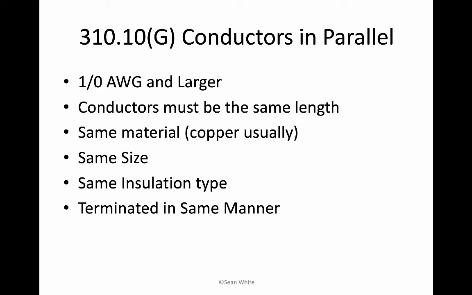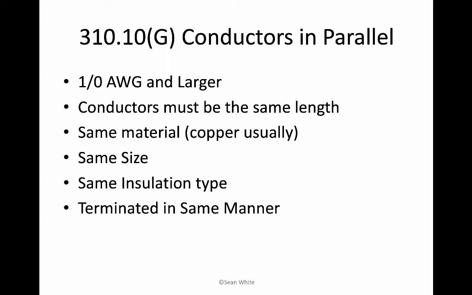If we want to run conductors in parallel, we can't just do that with a little small wire. We can't go, oh, instead of upsizing my wire, I'll just use 2 of them. We do that with conductors that are 1/0 AWG, so that's kind of a big wire, and larger. Also, we have to make sure that the conductors are the same length.